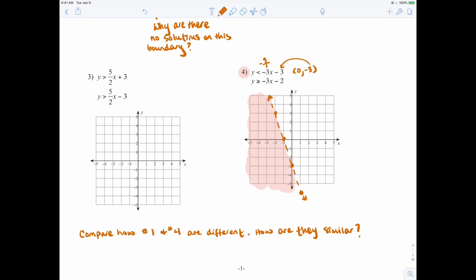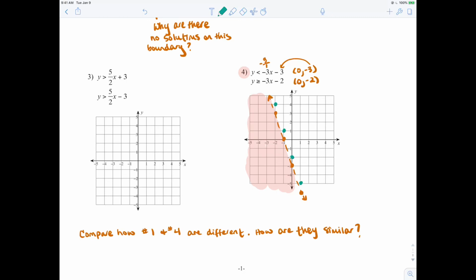And then we do the same thing for the other inequality, except that the y-intercept is (0, -2). So we plot our y-intercept. We can do this in a different color. In green, (0, -2), but it has the same slope. So we go down 3 and over 1. We go in the opposite direction.